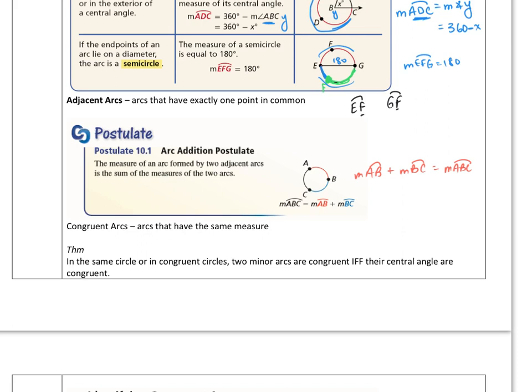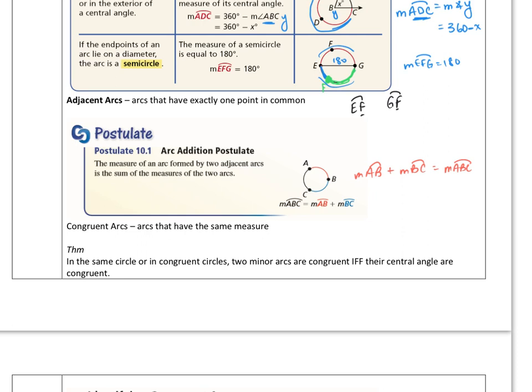And then we have congruent arcs, and congruent arcs have the same measure. Then we've got this theorem. In the same circle or in congruent circles, two minor arcs are congruent if and only if their central angles are congruent. So as long as you have congruent central angles, then the minor arcs are congruent as well.